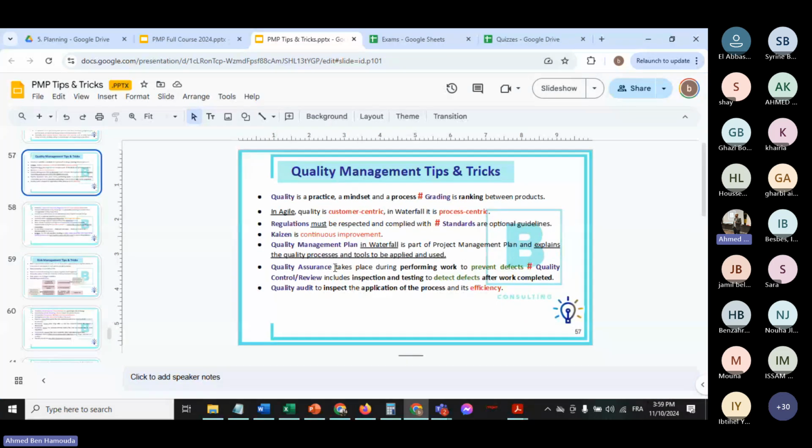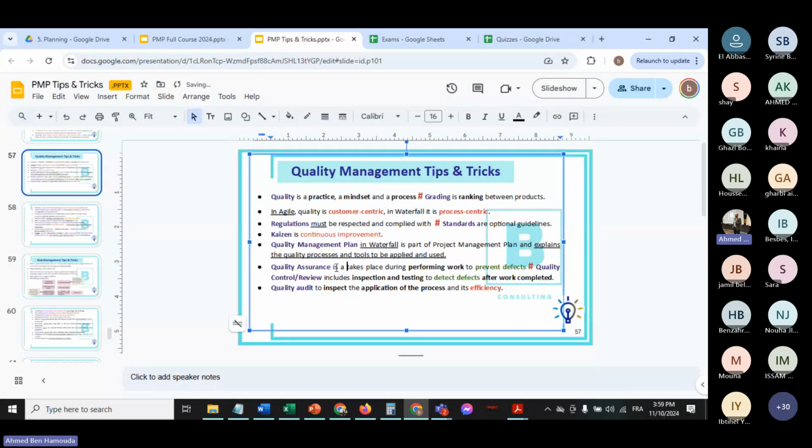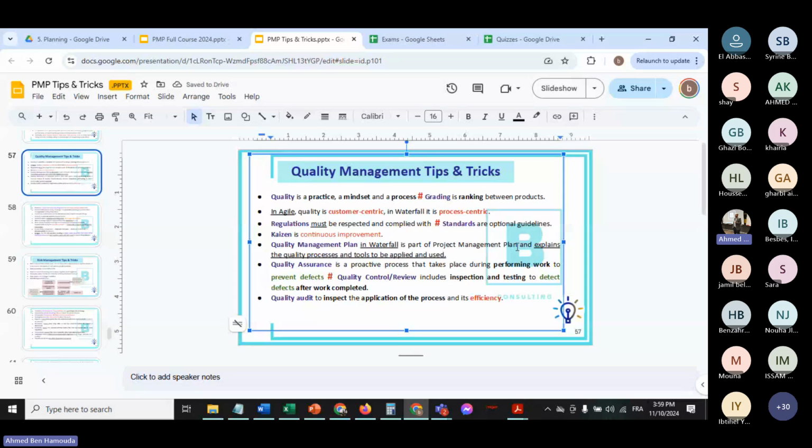Quality assurance is a proactive process that takes place during performing work, in order to prevent defects, whereas quality control or quality review is a reactive process that includes inspection and testing.